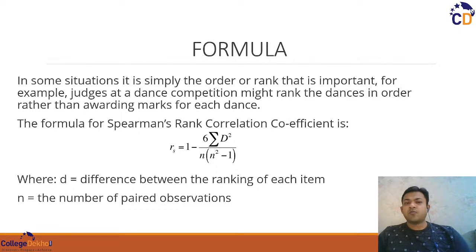the concept of correlation is dependent upon numerical data. So there is lots of information, lots of numeric data that we gather. Using it, we perform a set of calculations.